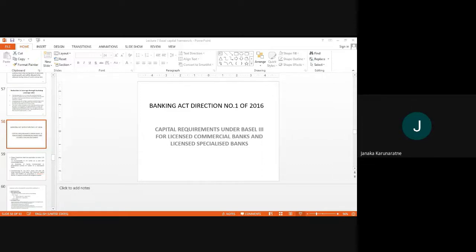But other than this improvement and buffers, there's another element brought in under capital improvement. What is that? Anyone? Another ratio, the leverage ratio, remember? As you know, banks are highly leveraged, so there should be a minimum that should not go below a particular level.